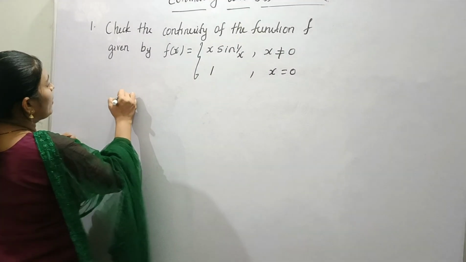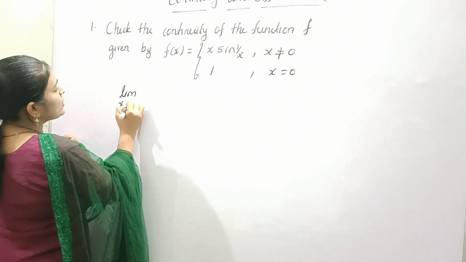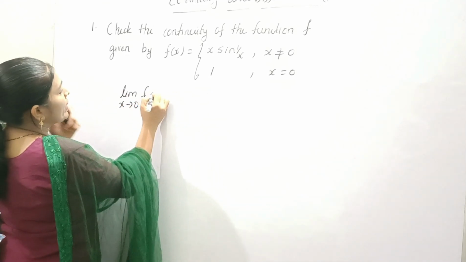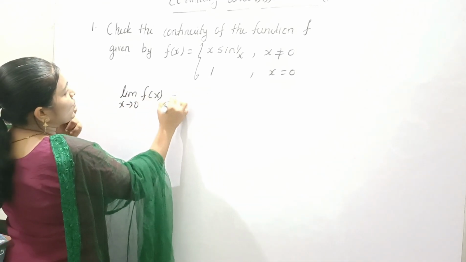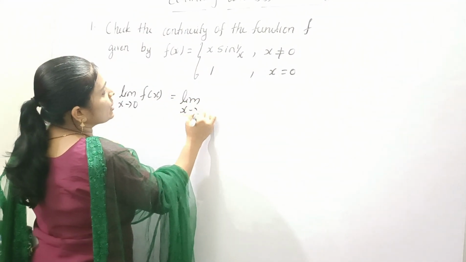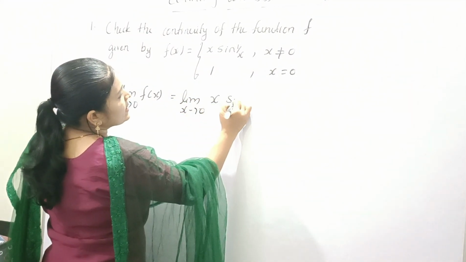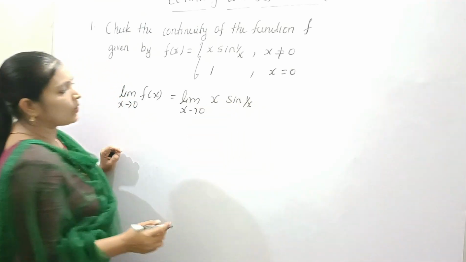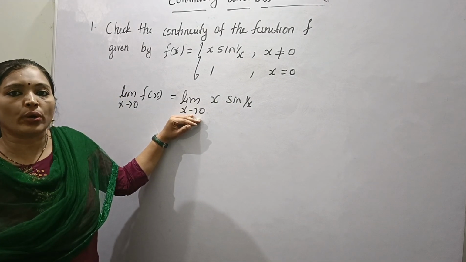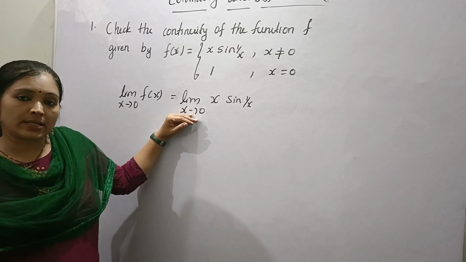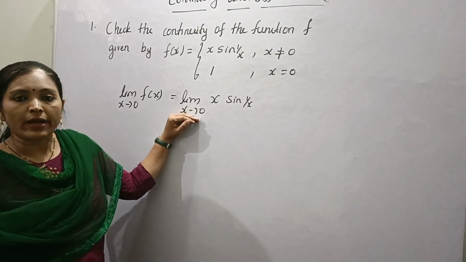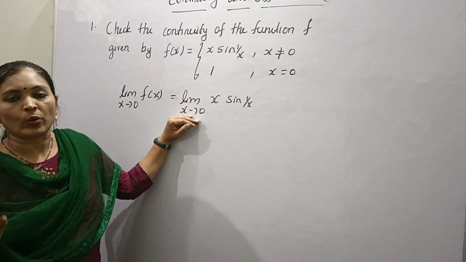So first of all, limit x tends to 0 of f of x is equal to limit x tends to 0 of x sin 1 by x. Here x tends to 0 means x is not equal to 0; x is approaching 0, from left or right, close to 0.